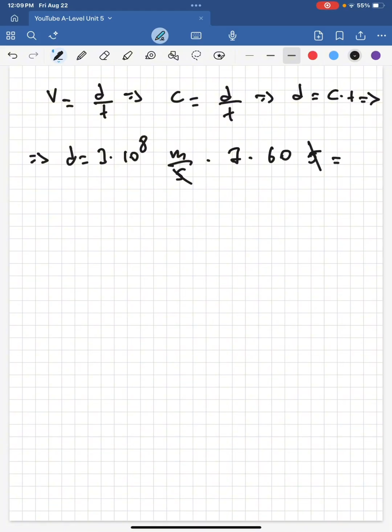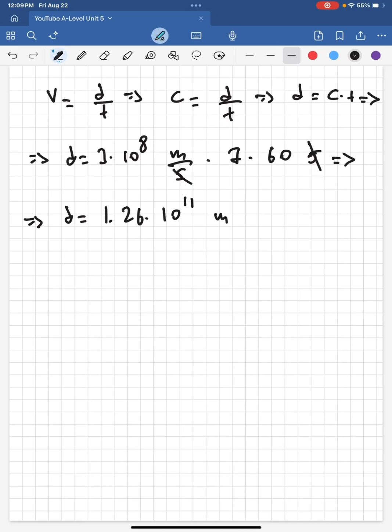Let's do this calculation. 3 times 10 to the 8 times 7 times 60 gives us 1.26 times 10 to the 11 meters.